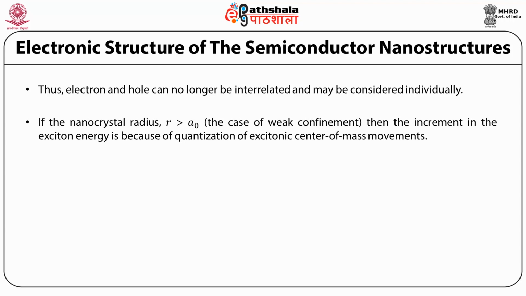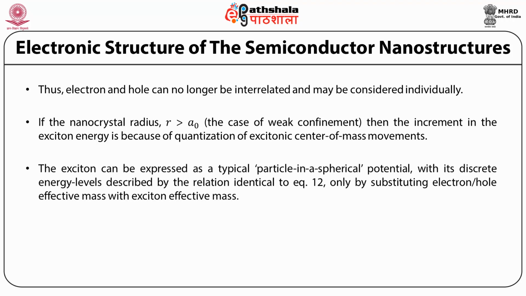So, if the nanocrystal radius R is greater than a0, then the increment in the exciton energy is because of the quantization of excitonic center of mass movements. So, the exciton can be expressed as a typical particle in a spherical potential with its discrete energy levels described by the relation identical to equation 12, only by substituting electron hole effective mass with exciton effective mass.